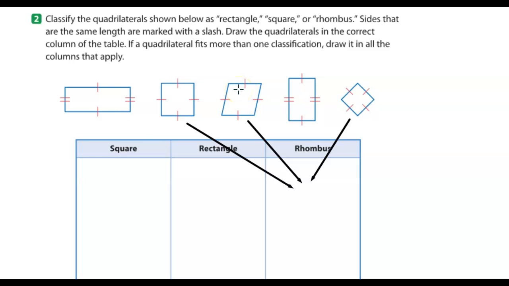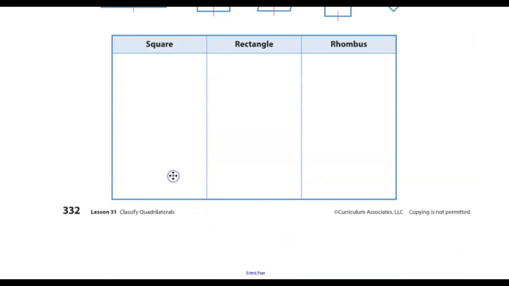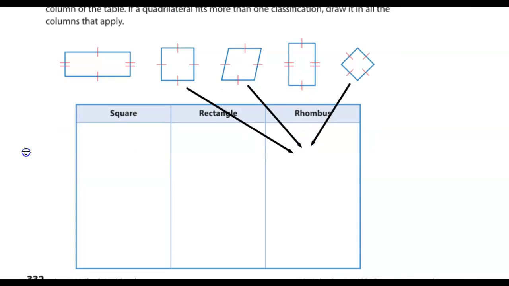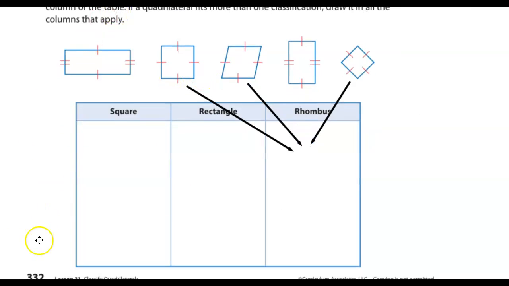It just said four sides of equal length. Whoops. Oh, I know you miss my mistakes in class. So I want you to make sure you have this part finished, and then we will move on to the next page. Pause if you need to.